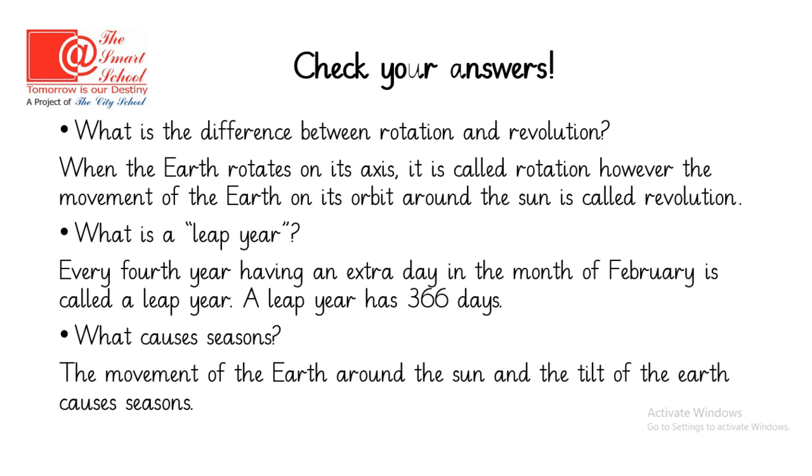Every fourth year having an extra day in the month of February is called a leap year. A leap year has 366 days. What causes seasons? The movement of the earth around the sun and the tilt of the earth causes seasons.